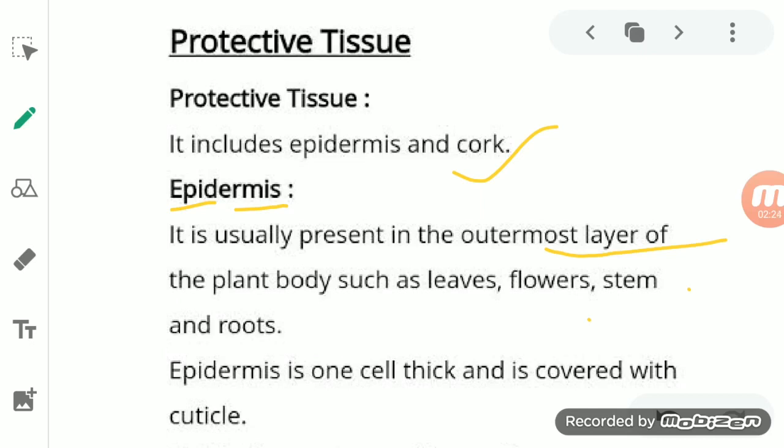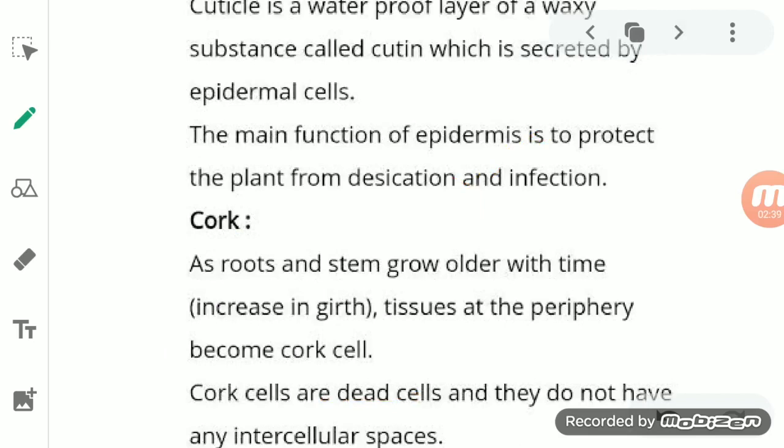If you see the cells, they are flat, thin, and they arrange themselves edge to edge without any intercellular space. It is one cell thick, covered with the cuticle.